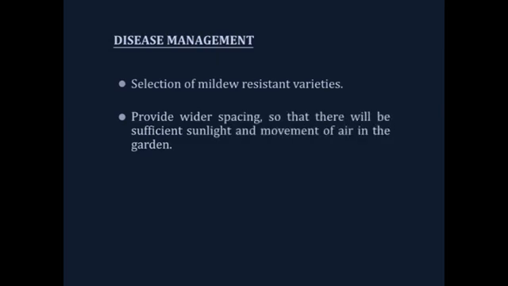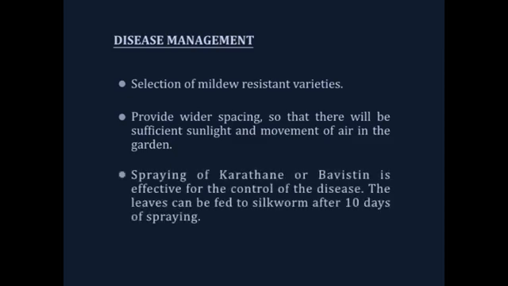Now let's see how to manage this disease. Selection of mildew resistant varieties. Provide wider spacing so that there will be sufficient sunlight and movement of air in the garden. Spraying of Karathane or Bavistin is effective for the control of the disease. The leaves can be fed to silkworms after 10 days of spraying.